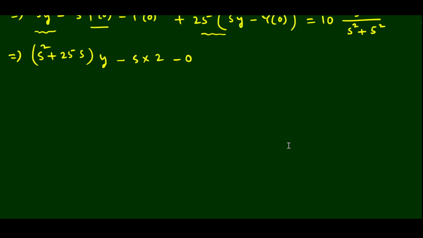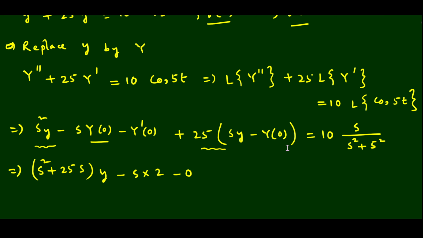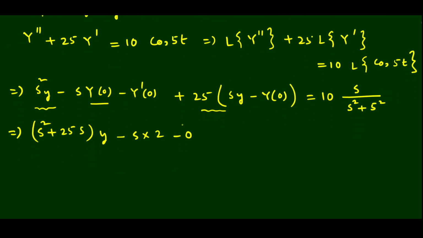Y dash of 0 is 0, so this term will not come. And one more term will come, 25 into y of 0, and y of 0 is again 2. So the right hand side is 10s divided by s square plus 25.